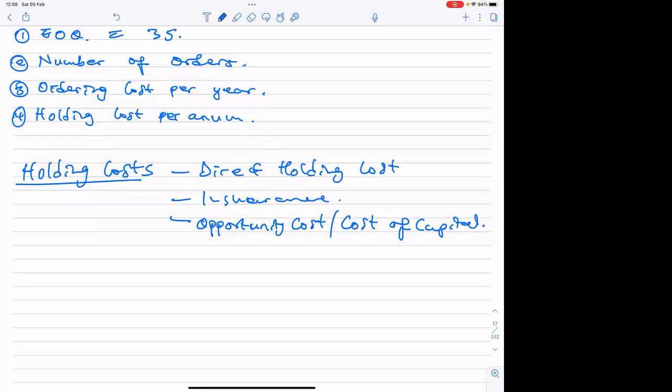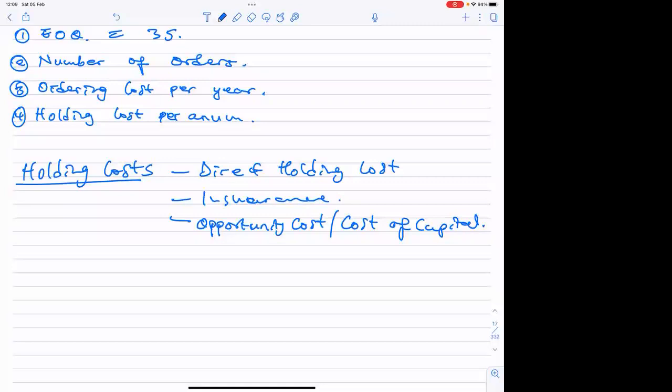So our direct holding cost is the cost that you incur for holding each inventory item. Then your insurance, if you insure your inventory, your insurer can say, okay, each inventory that you are holding, we will charge you 2% for your insurance of the purchase price.